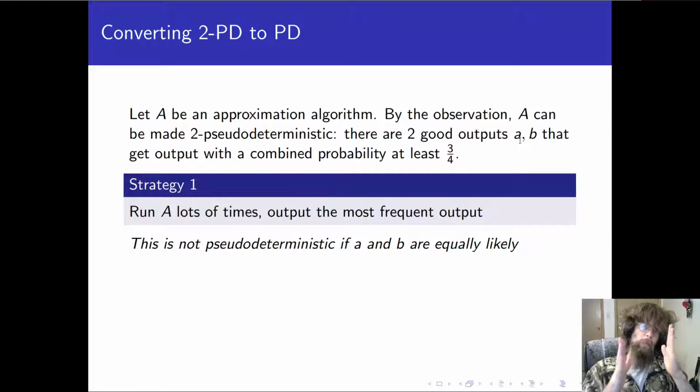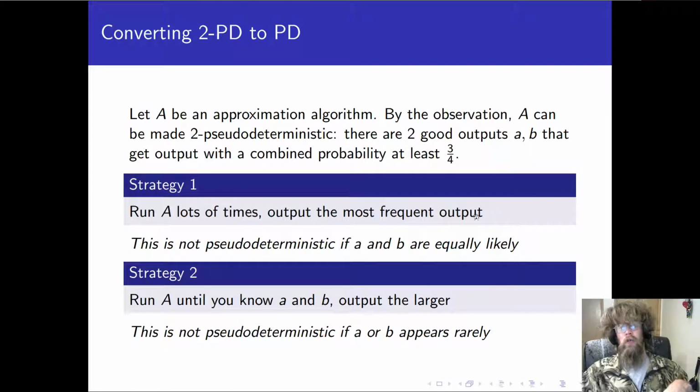If A is more likely than B by some decent gap, then this will work very well. But if A and B are very close in probability, this won't be pseudodeterministic at all.